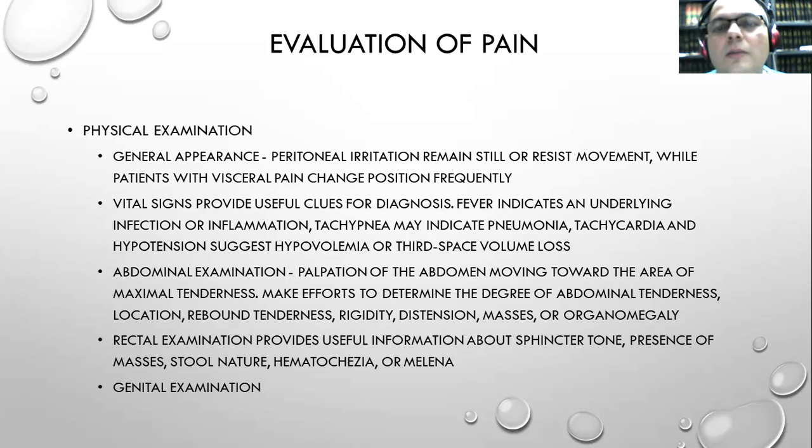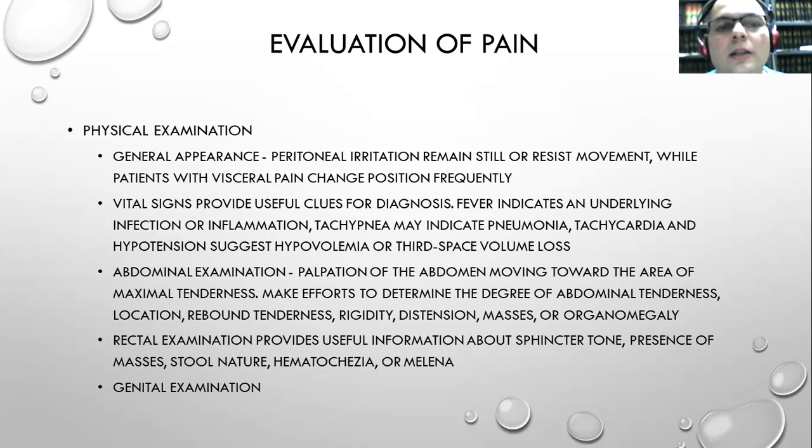In case of peritoneal irritation, the child will remain still or resist movement, because it has more pain when the parietal peritoneum is involved. So it will try to restrict its movement so that the pain can be relieved.